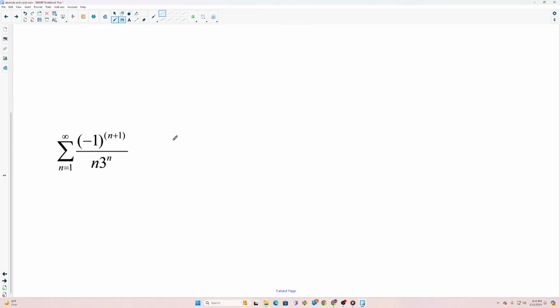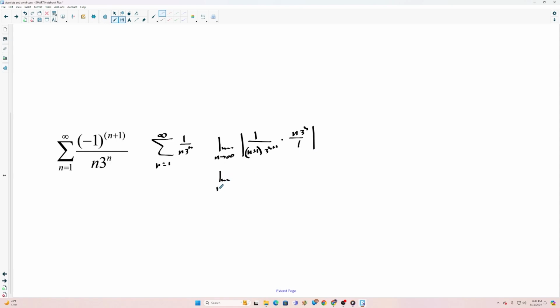The next one here. n equals 1 to infinity of 1 over n times 3 to the n. So let's go limit as n approaches infinity. The absolute value of 1 over n plus 1 times 3 to the n plus 1, times n times 3 to the n over 1.